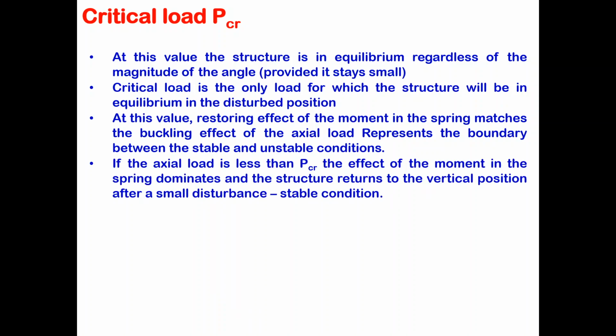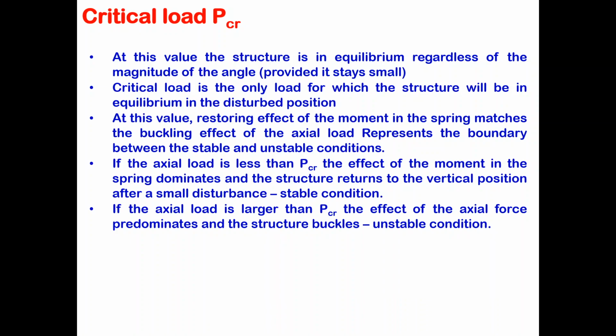Okay. If the actual load is less than P critical, the effect of the moment in the spring dominates and the structure returns to the vertical position after a small disturbance, which is the stable condition. Okay. If the actual load is larger than P critical, the effect of the actual force predominates and the structure buckles, which is again called the unstable condition.